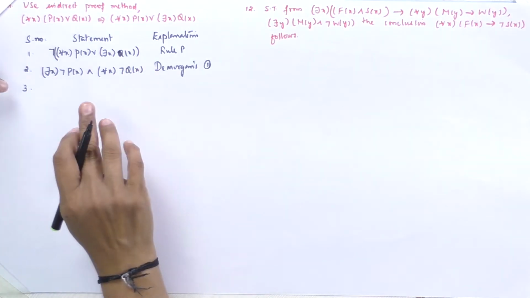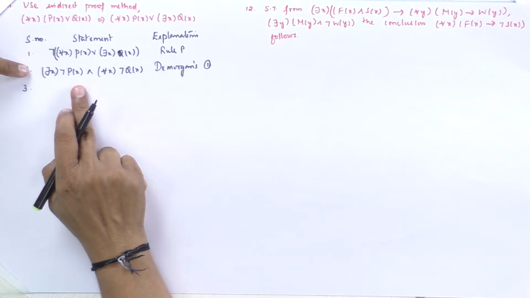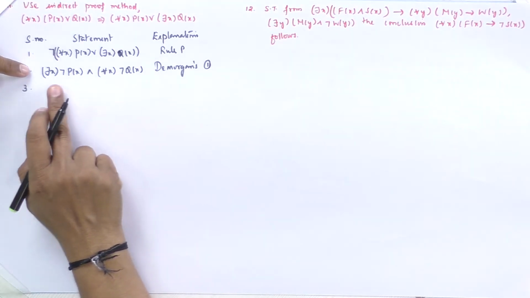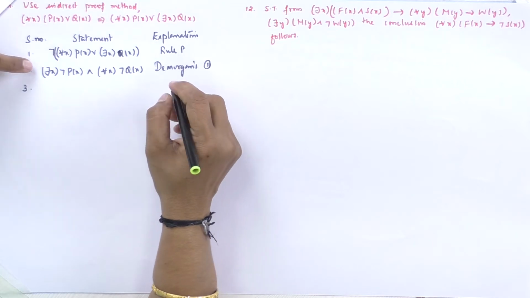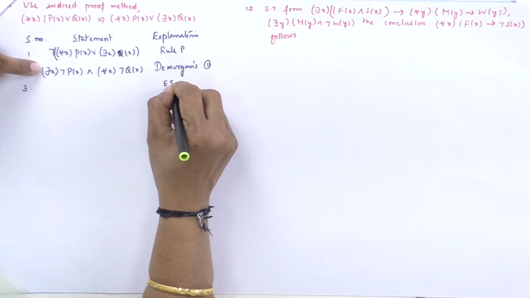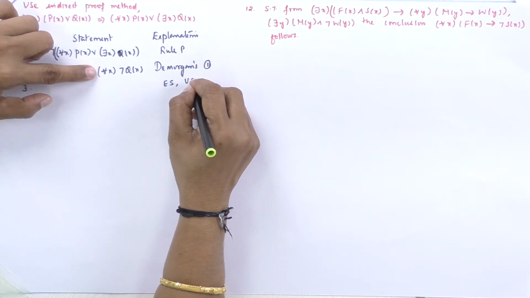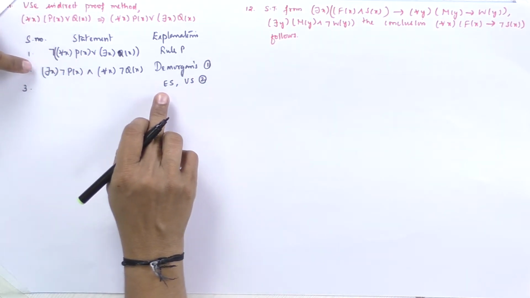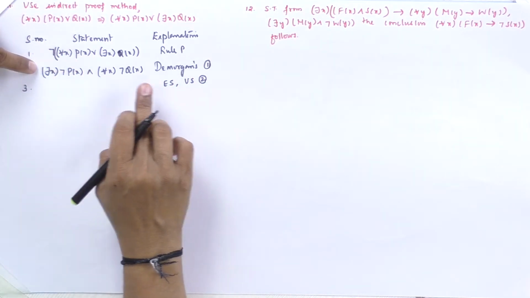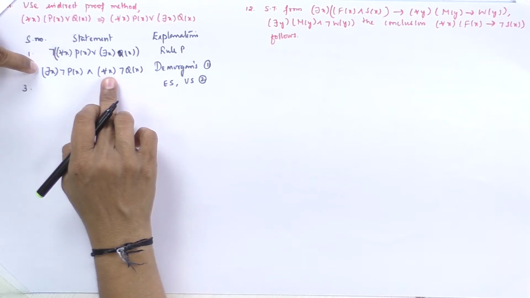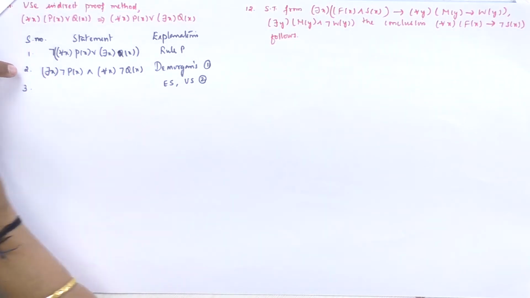Again here we will have to remove these two quantifiers. Simultaneously I can apply ES on 2 and US on 2. That is, I am applying existential specification as well as universal specification simultaneously on this step.